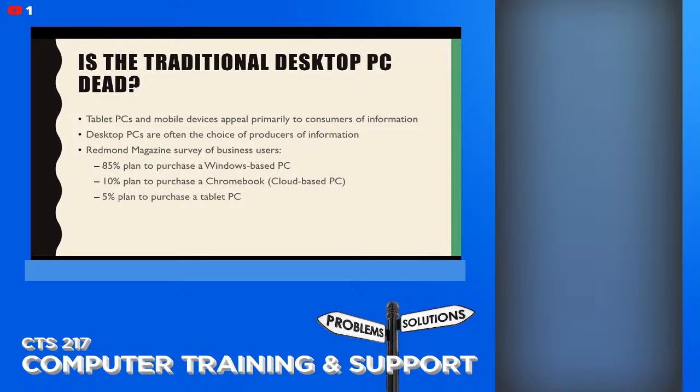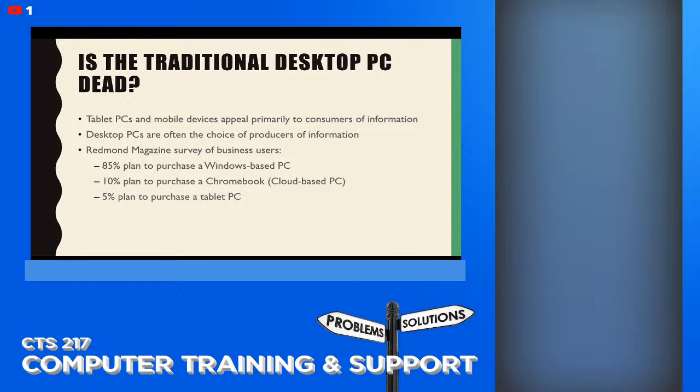And we can see now, with what we know about technology and making decisions in order to put technology in the hands of users, that by and large, tablet PCs and mobile devices are used for the majority of users in an organization, because the majority of our users in an organization are going to be consumers of information. They're going to be looking at data. Now, when we flip that, we can say that desktop PCs are often the choice of producers of information.